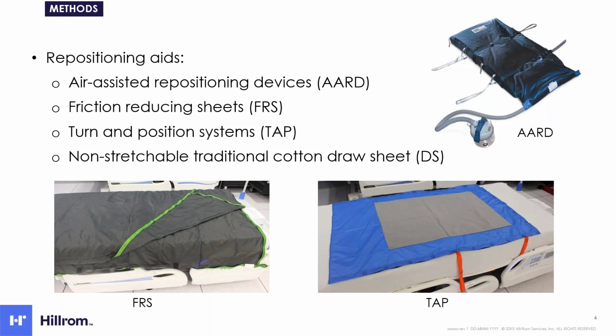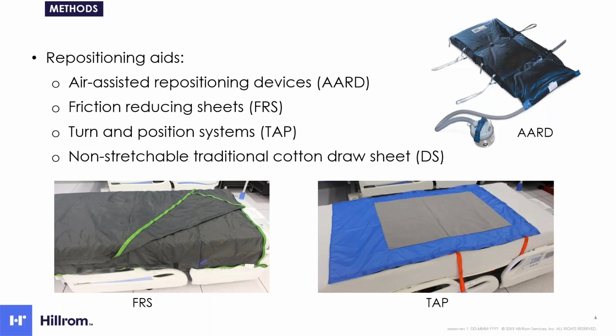So it creates an air cushion between the patient and the bed surface to make it easier for caregivers to move. The second type is a friction reducing sheet, or FRS. It is made of low friction fabric and designed for use in pairs to reduce the friction between the patient and the bed surface.